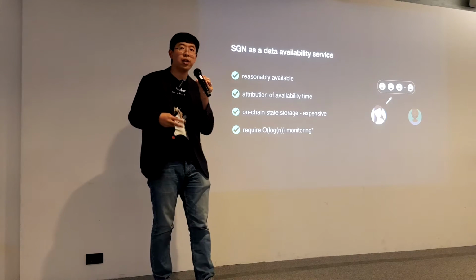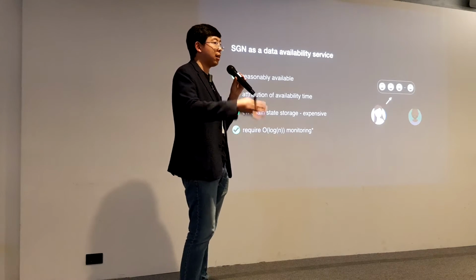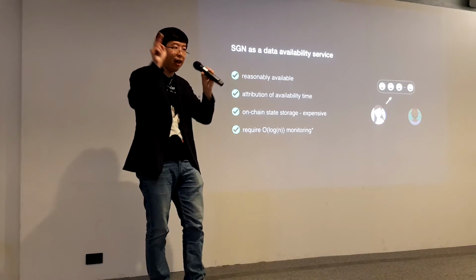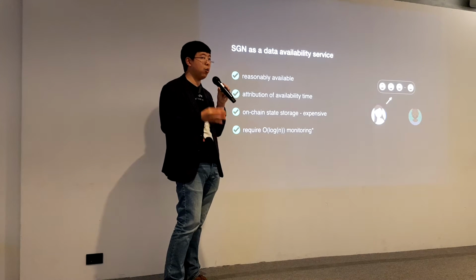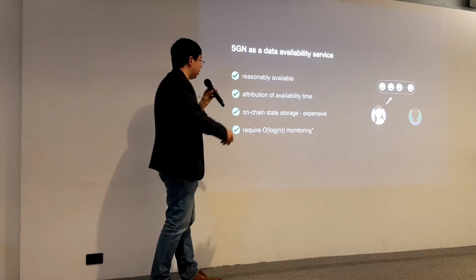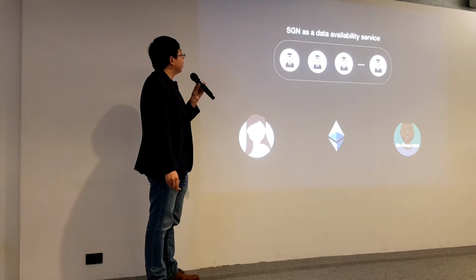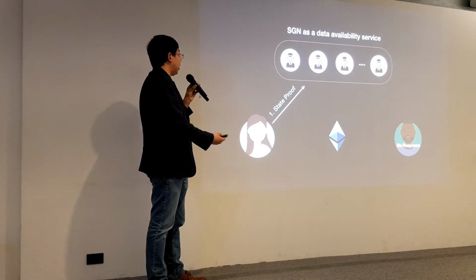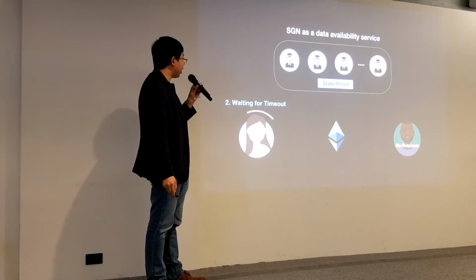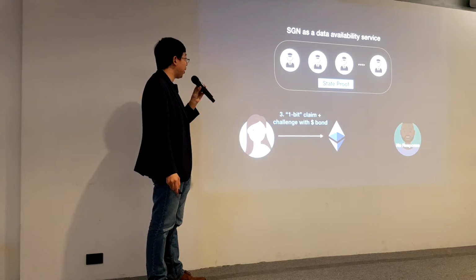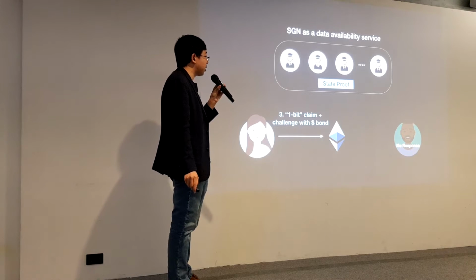This is an inspiration we draw from Plasma Cash. Basically, every state has a pre-assigned address. If you're interacting with your counterparty, you only need to monitor that much data, and that is going to be fine. And basically, if Alice submits a state proof, she will wait for the timeout, and if the timeout passes, she will start a one-bit claim challenge with a monetization bond.